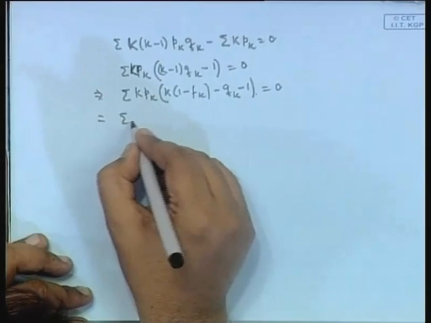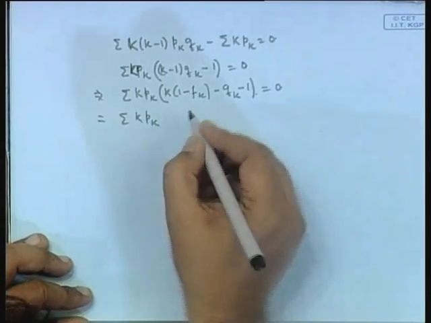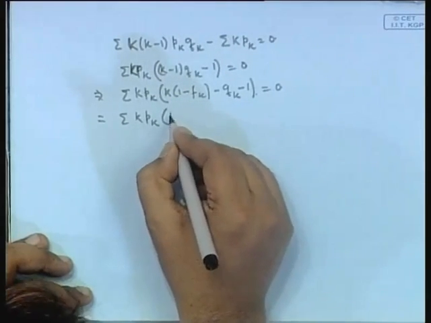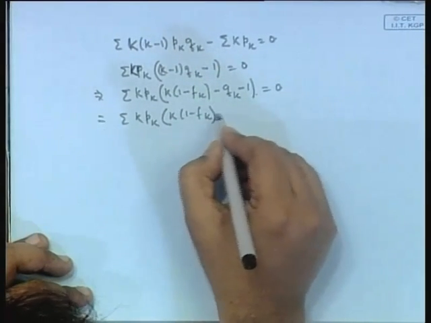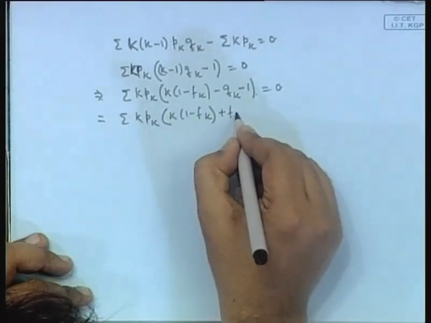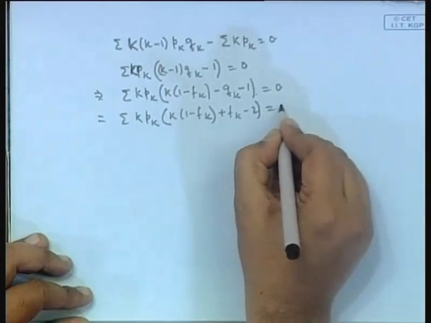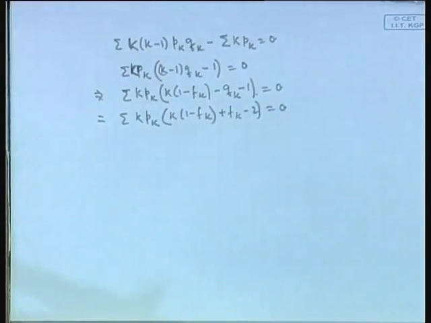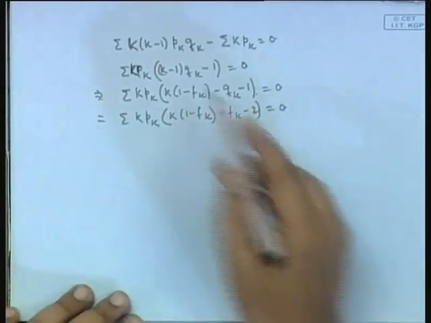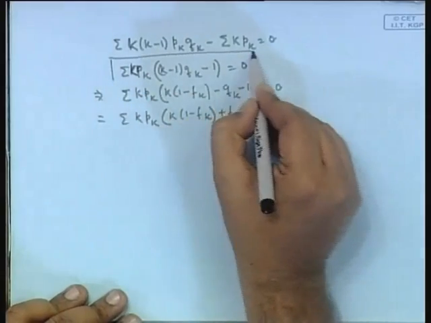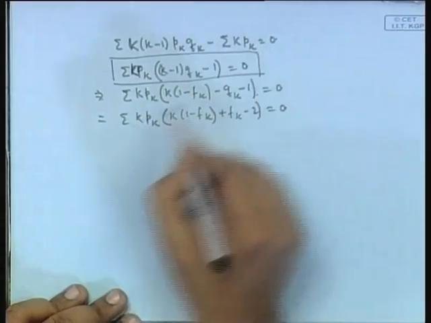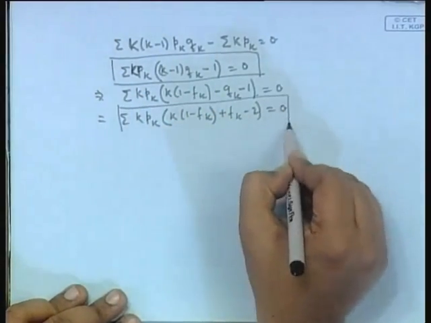So, it will be k pk, k 1 minus fk plus fk minus 2 equal to 0. Okay. So, I can write in terms of qk or in terms of fk.